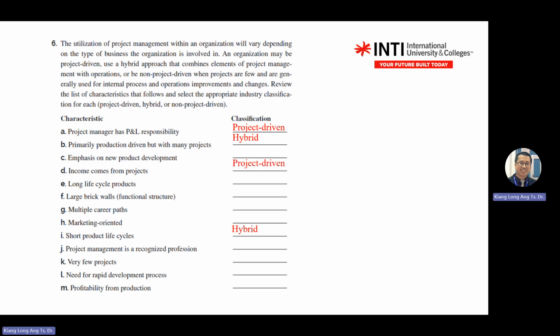So short product life is hybrid. This one, income from project, is also linked with P&L. If the income comes from projects, it's project driven. If I change it to income from product, it means non-project driven.